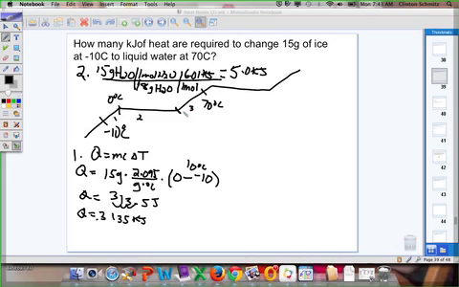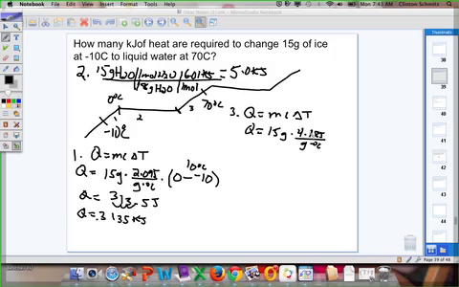Okay, now step 3, we have liquid water now, so we have to warm the liquid water from 0 to 70. So when the temperature is changing, you're going to use Q equals mc delta T. So this is going to be step 3. So Q equals the mass of our water, which is 15 grams, times the specific heat, which is 4.18 joules per gram degree Celsius.